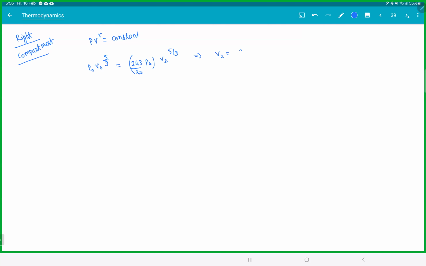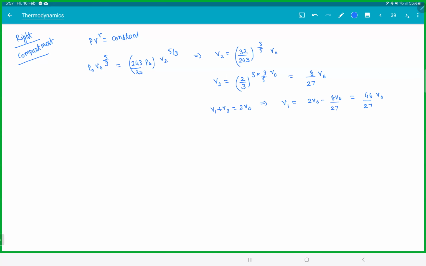So V2 will be 32 by 243 to the power 3 by 5 times V naught, that is 2 by 3 whole power 5 into 3 by 5 V naught, which is 8 by 27 V naught. And we know V1 plus V2 is equal to 2 V naught. From there we get V1 equal to 46 by 27 V naught, the volume in the left compartment.